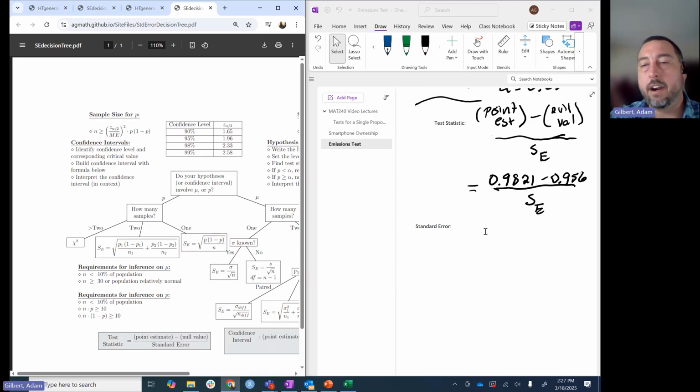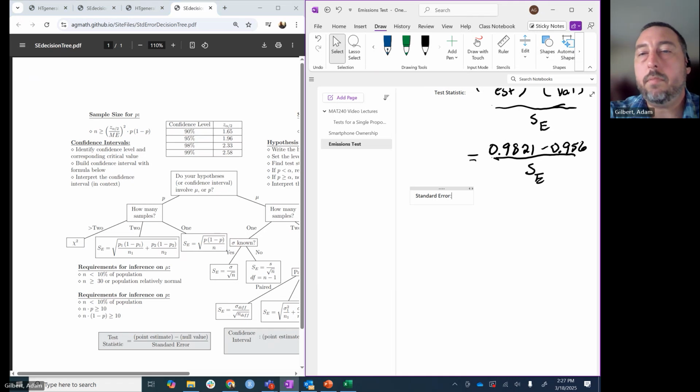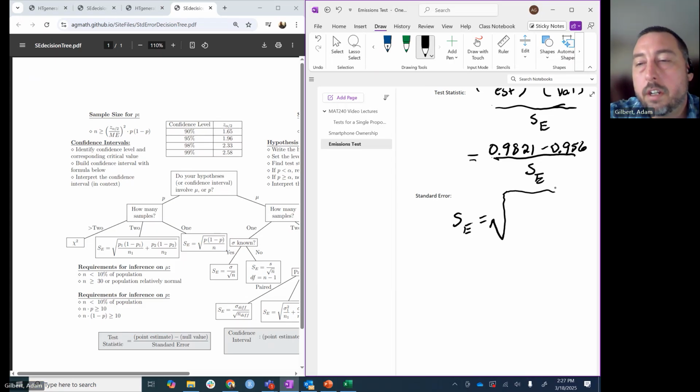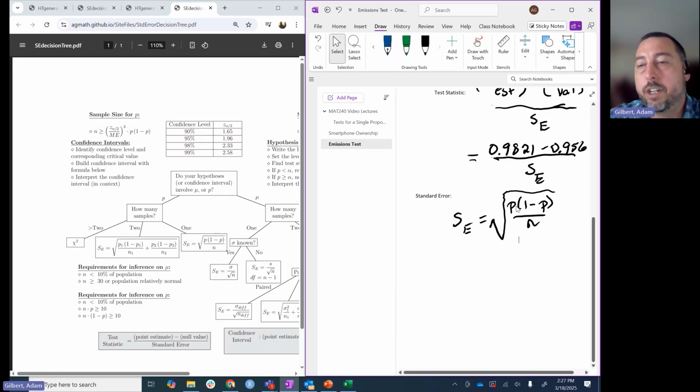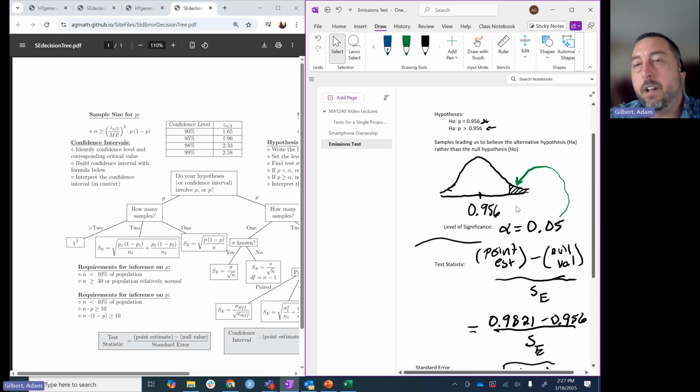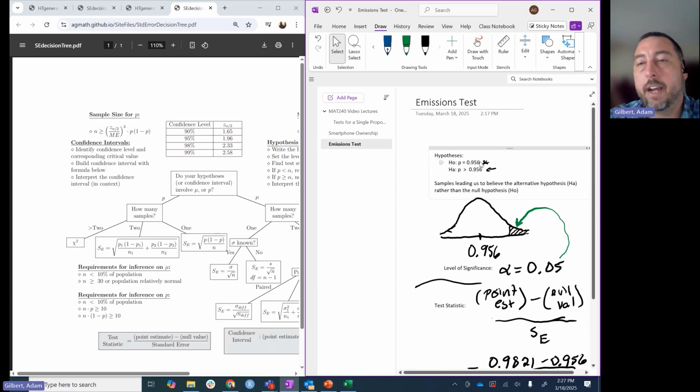And so our standard error formula is going to be SE equals the square root of the proportion times 1 minus that proportion divided by the sample size. Now remember, the proportion that we're going to use here is our best guess at the true correct population proportion. Because we assume the null hypothesis is true, that's the proportion that we're going to use in our calculation of the standard error.